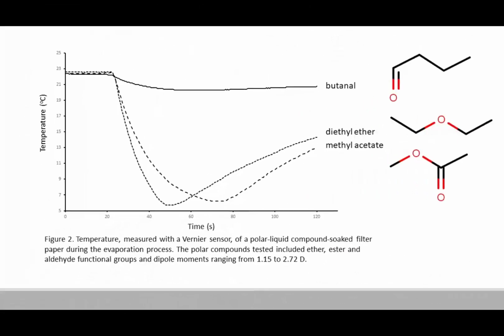In Figure 2, diethyl ether, followed by methyl acetate, has the greatest overall change in temperature, and also the greatest initial rate of temperature change. We do see in this case, however, that after reaching a certain minimum, the temperature starts to climb back to room temperature.